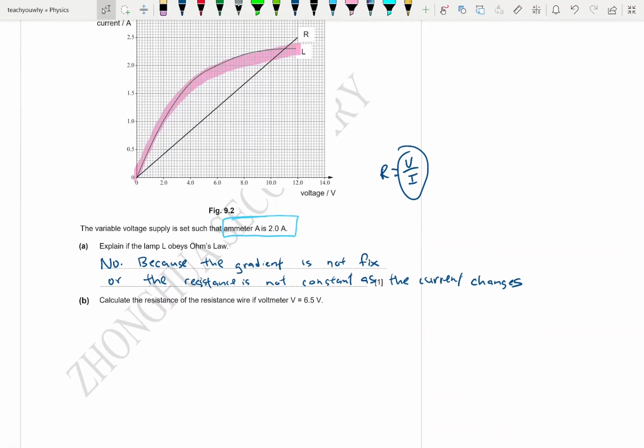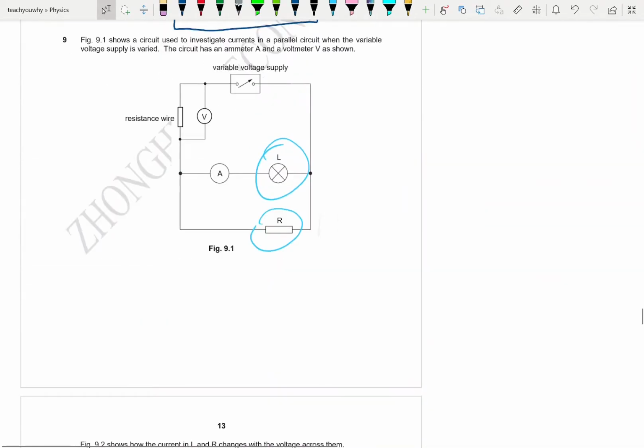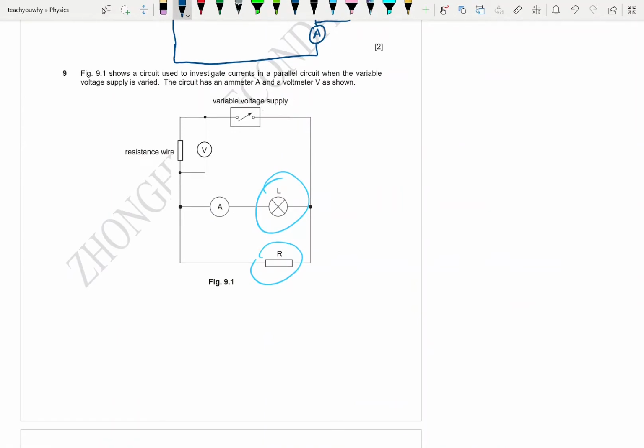Okay, calculate the resistance of the resistance wire if the voltmeter V reads 6.5 volts. Okay, so this is a bit tricky. First of all, we want to find this R here. Okay, and they specify that this is 6.5 volts.